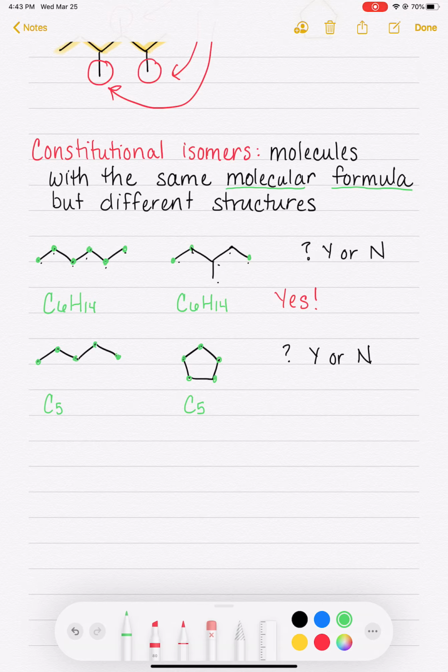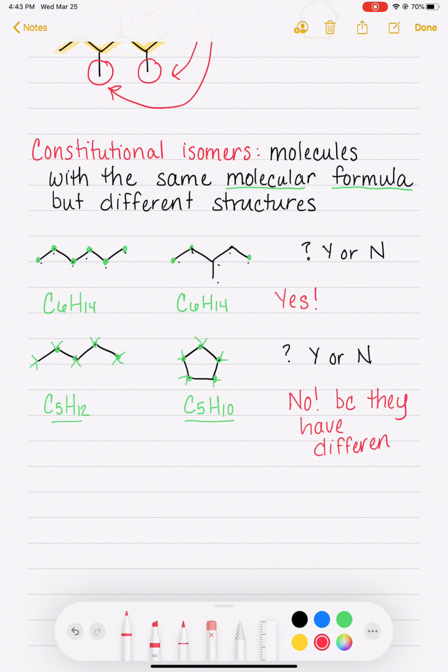Now we need to count hydrogens. 1, 2, 3, 4, 5, 6, 7, 8, 9, 10, 11, 12. Then the other one: 1, 2, 3, 4, 5, 6, 7, 8, 9, 10. C5H10. They do not have the same molecular formula. So that means no, they are not constitutional isomers because they have different formulas. Specifically, different number of hydrogen atoms.